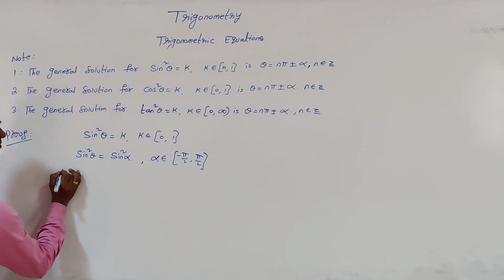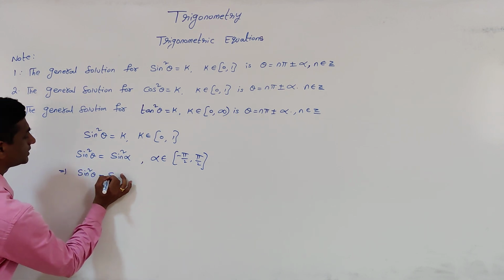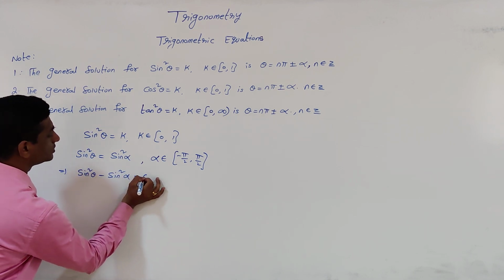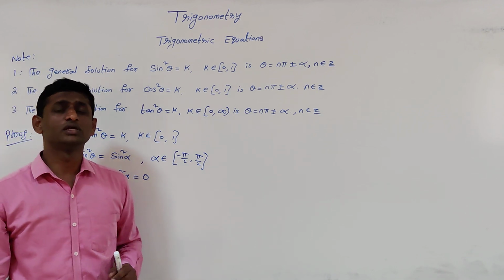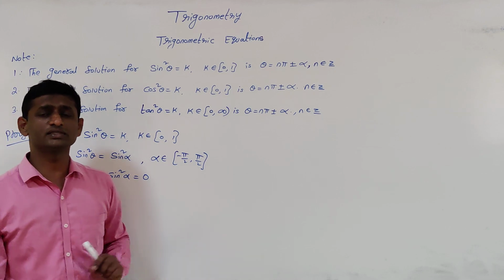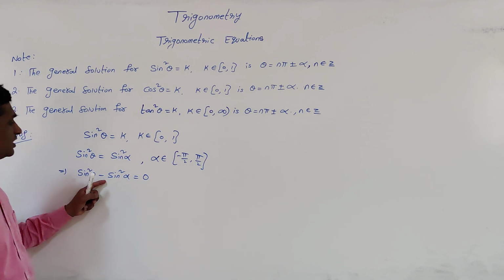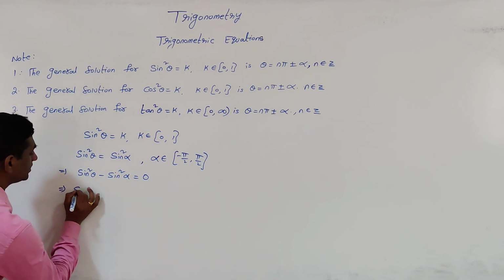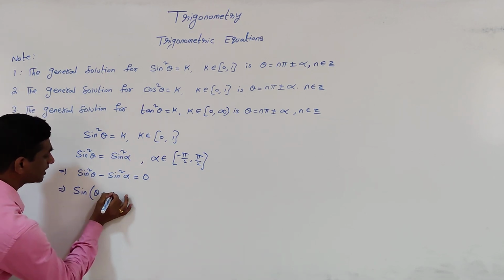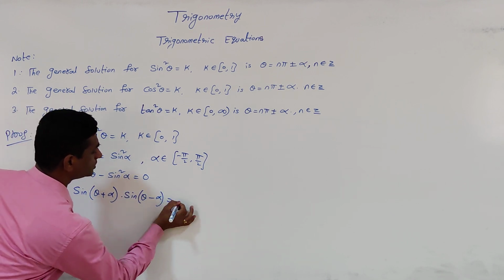Now take this to the left hand side. Sin square theta minus sin square alpha is equal to 0. It is in the form of sin square a minus sin square b, which is sin of a plus b into sin of a minus b. Similarly, we can write sin of theta plus alpha into sin of theta minus alpha is equal to 0.